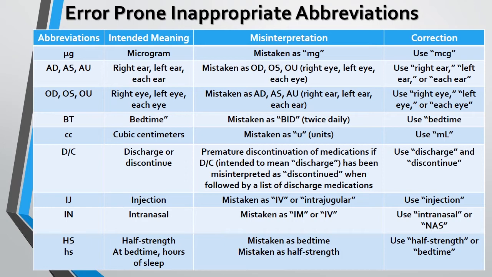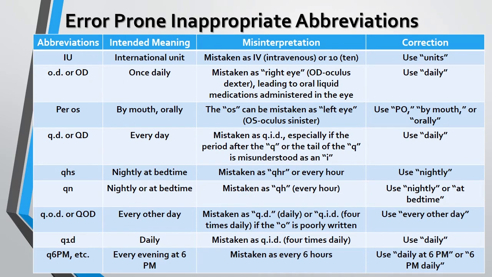The abbreviated term of half strength, written as HS, can be misinterpreted as bedtime, so the correction to be used is half strength or bedtime. The symbol IU for international unit is misinterpreted as intravenous, so the correction to be used is units. The symbol QD with intended meaning of every day can be mistaken as QID, or 4 times a day. The correction to be used should be daily.